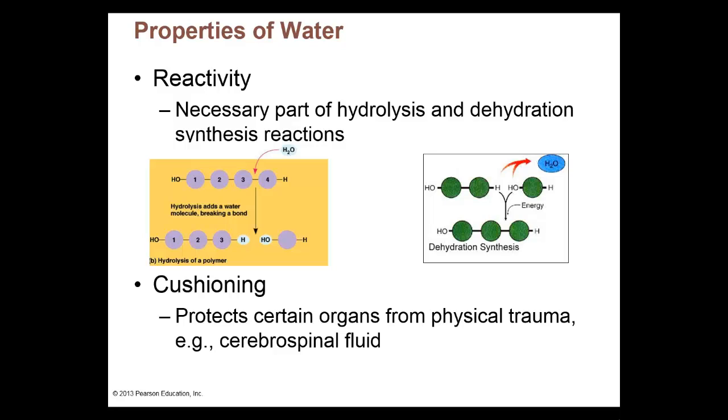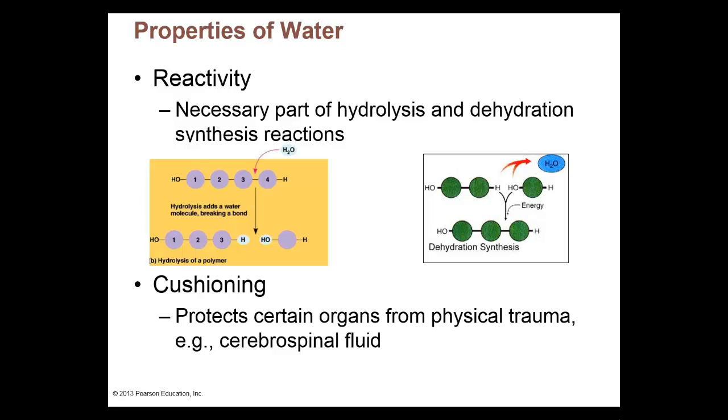If I remove this water, those two molecules get stuck together, and I have now made something. That's what the word synthesis means. So I have dehydration synthesis. I removed water to make this larger molecule. And so we can use water, adding water to break things down, removing water to build things up. So I can break things down, build things up. We do it all the time in our body. We're making things, we're breaking things.